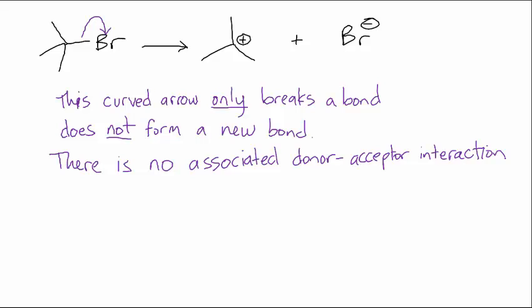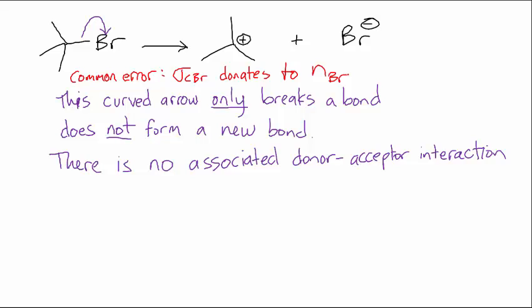The common error here, what people commonly do, is they'll say, oh, this is the sigma CBr orbital donating to a bromine lone pair. This is the most common error I'll see on the skill checkers, and in the tests in my summer school course. People will say sigma CBr donates to a non-bonding orbital on bromine.